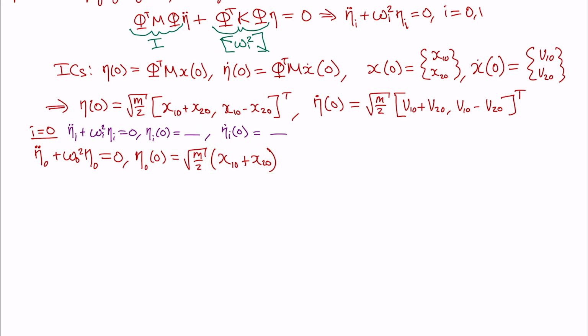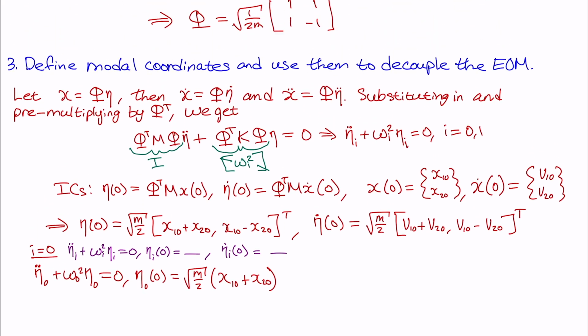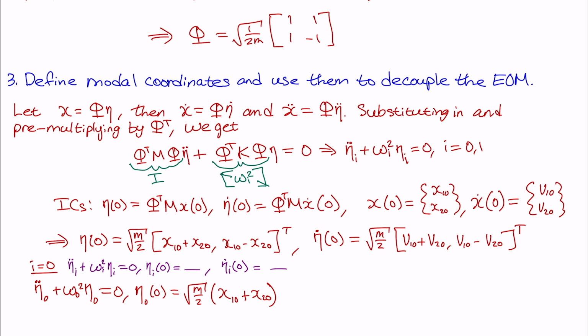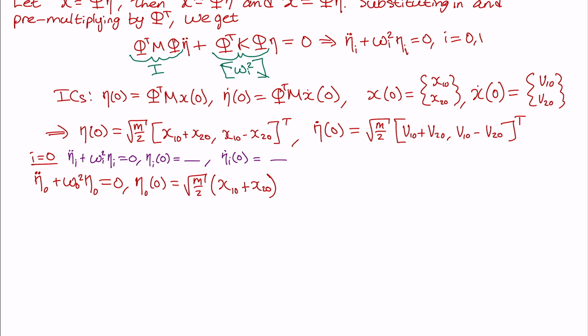Could you walk through how you got the square root of m over 2? Yep. So I found phi, this modal matrix phi. I then went and computed phi transpose times the mass matrix. And that's where I got it from. So I saved you guys some work.